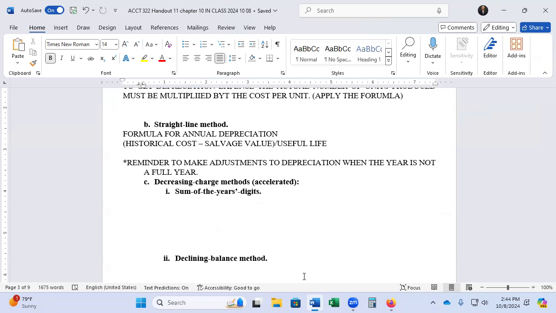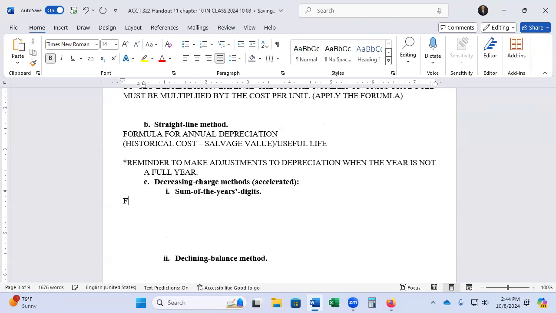Okay, decreasing charge methods, and essentially what these do is they shift the depreciation to higher levels in the first couple of years. So with the numerator, now let me do the formula.